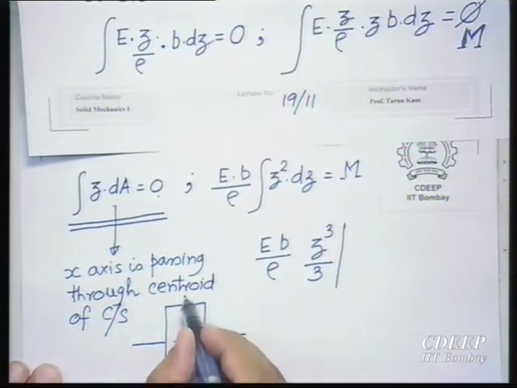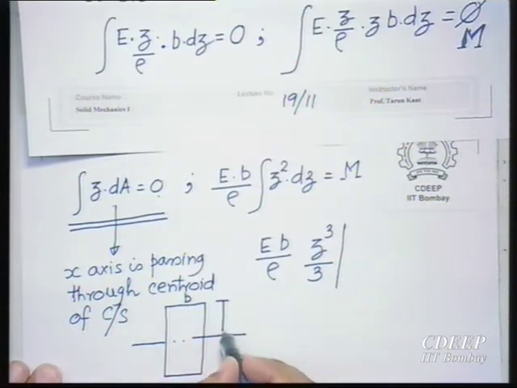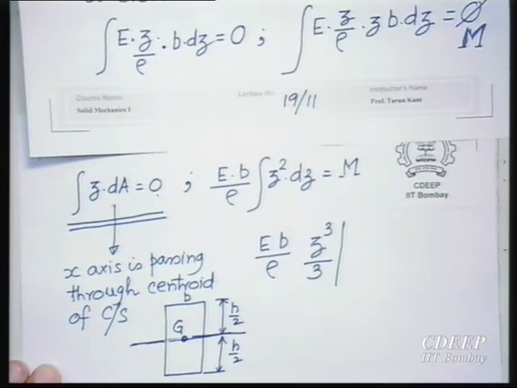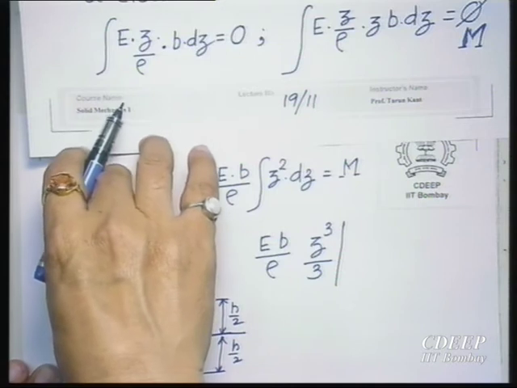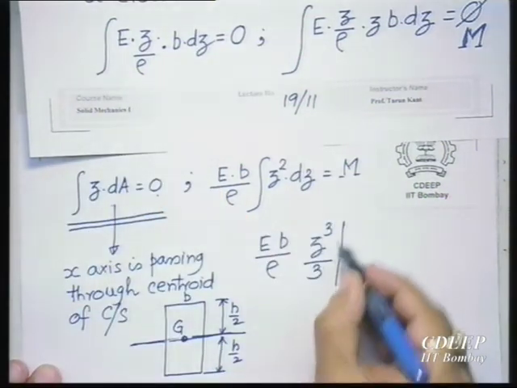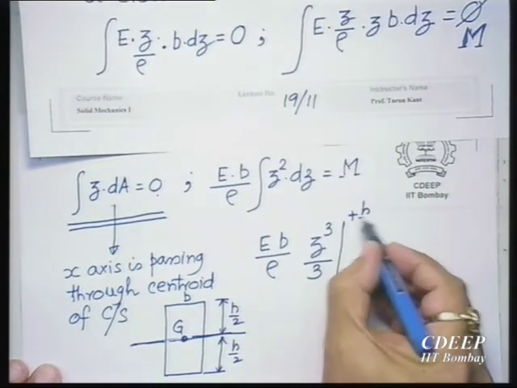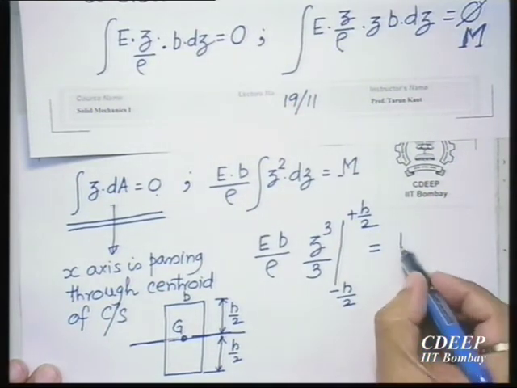This cross section is b, and this distance is h by 2 and again this distance is h by 2, going through the centroid of the cross section. So now I can say the neutral plane is the centroidal plane. Is it okay? Now I can give my limits, from minus h by 2 to plus h by 2, equal to M.